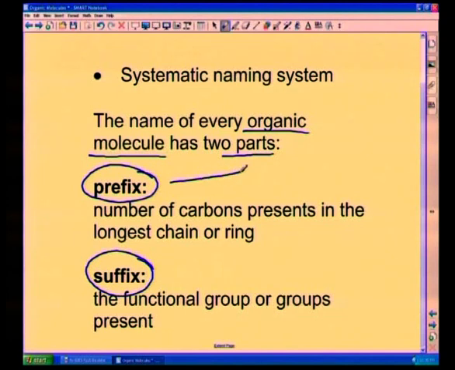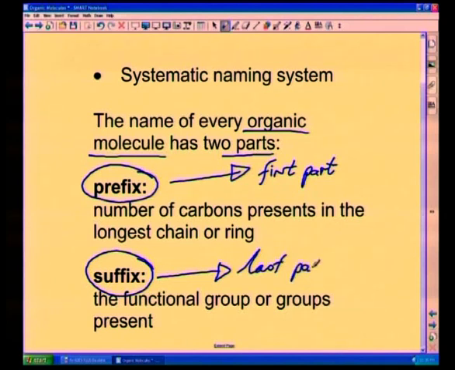You would know from learning English as a language that the prefix is the first part of a word, and the suffix is the last part of a particular term or word.